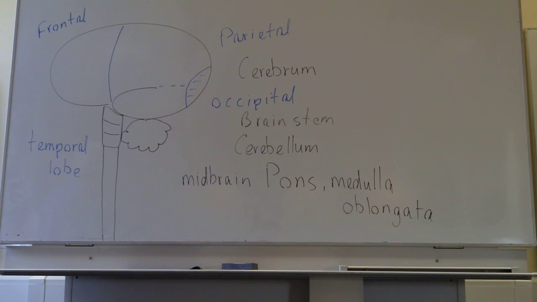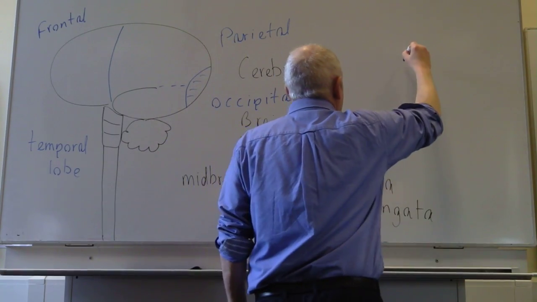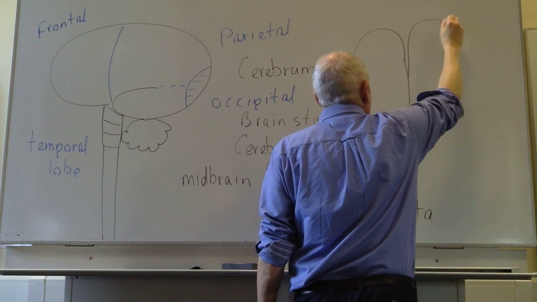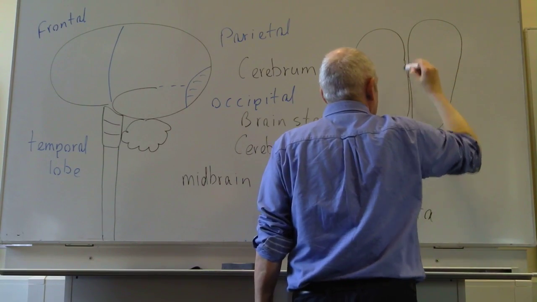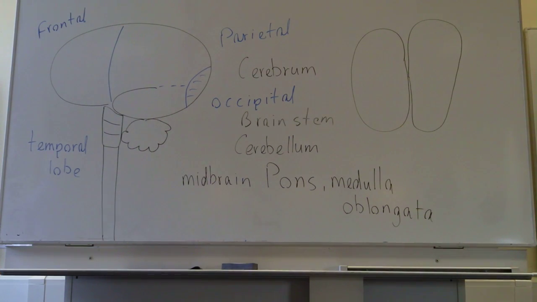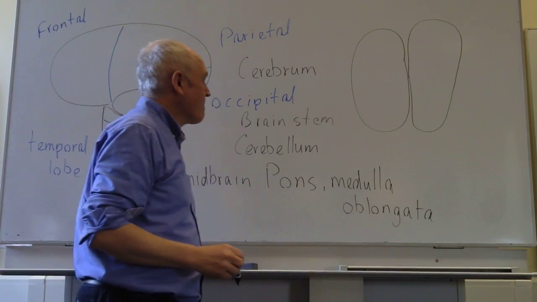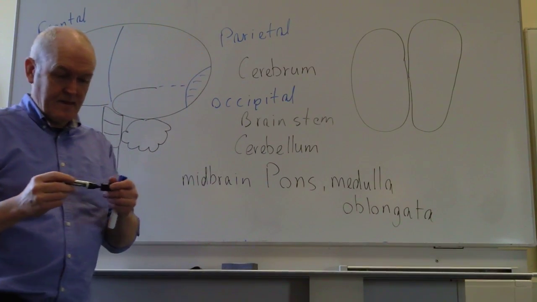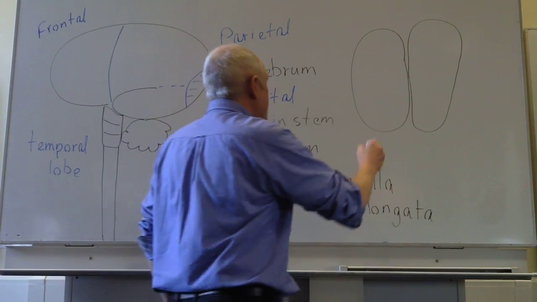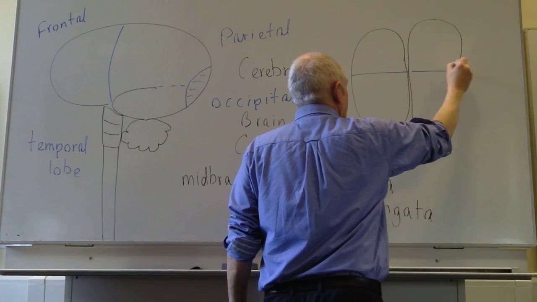Now, this is looking at it from one side, of course. So if you look at the brain from on top, you would see that the brain's in two cerebral hemispheres. Cerebral means to do with the cerebrum. So if we looked at this from on top, this would be the frontal lobe up here.